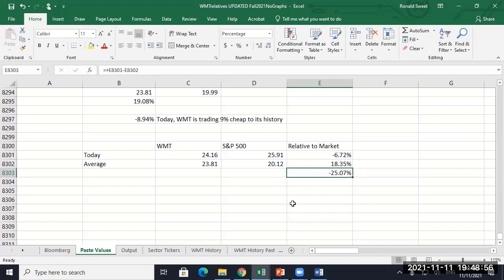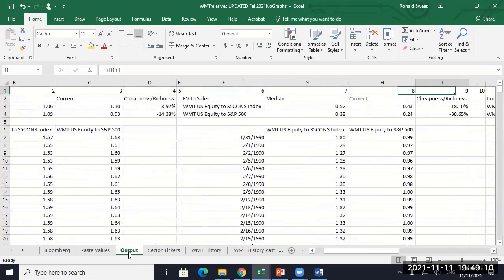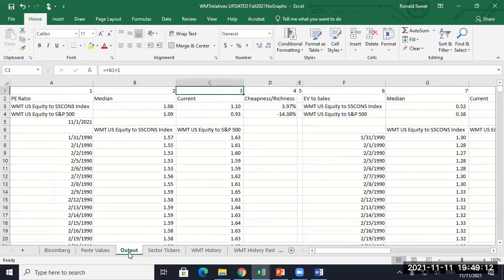That makes sense because you got all these tech stocks that are way up, right? So this is the S&P 500. So yeah, Walmart looks cheap today versus their history. You can actually graph that if you want to. So I have it over here. I have their PE ratio versus the S&P 500. Back in 1990, they were trading 60% more expensive than the S&P 500.